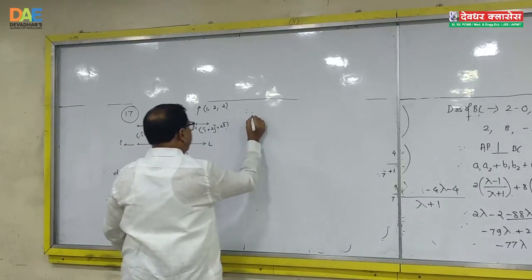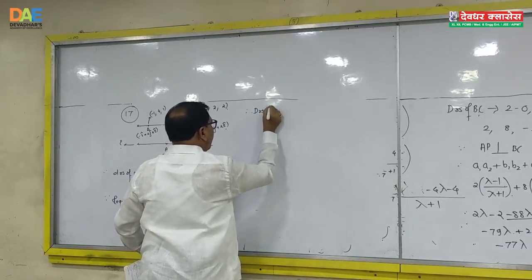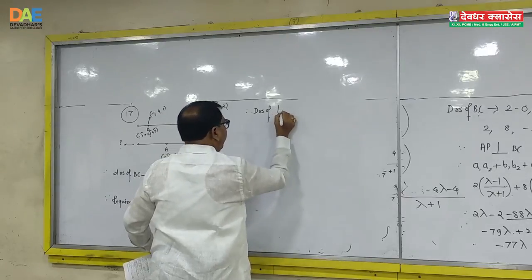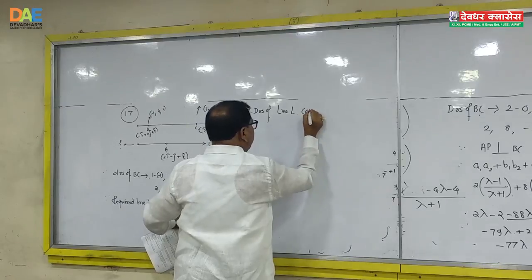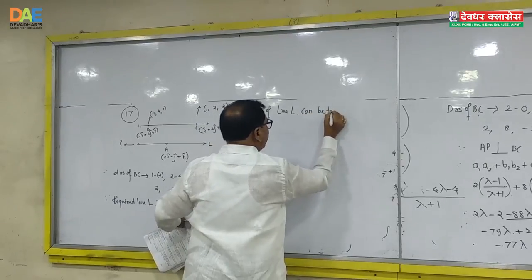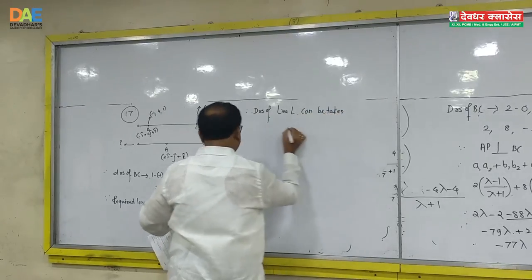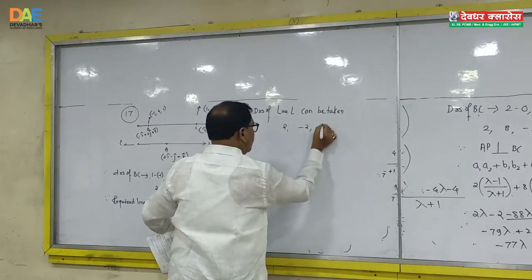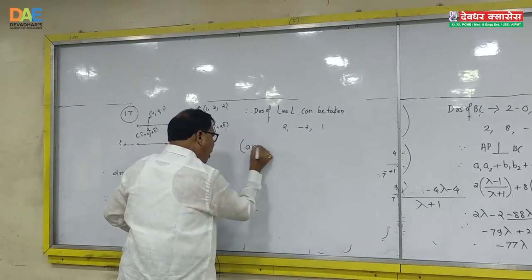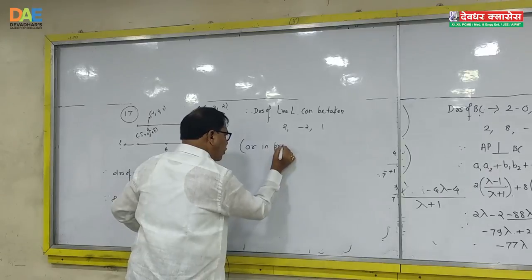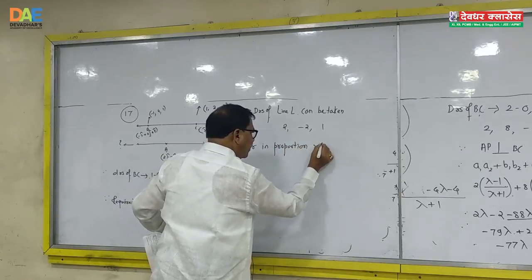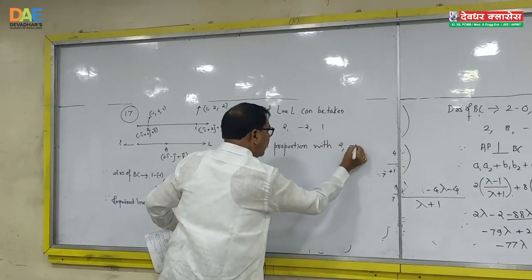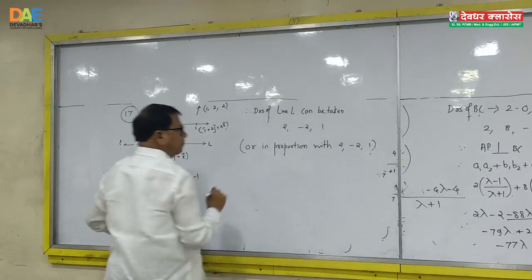Therefore, the DRs of line L can be taken as 2, -2, 1, or in proportion with 2, -2, 1.